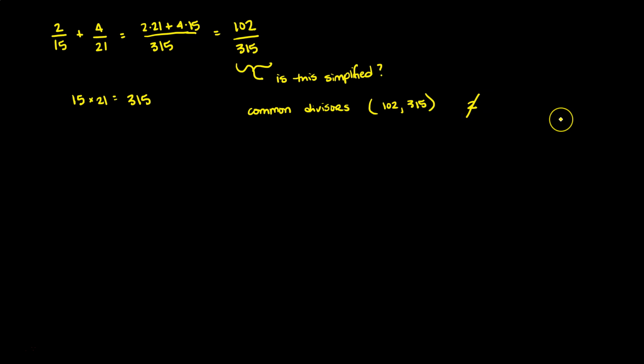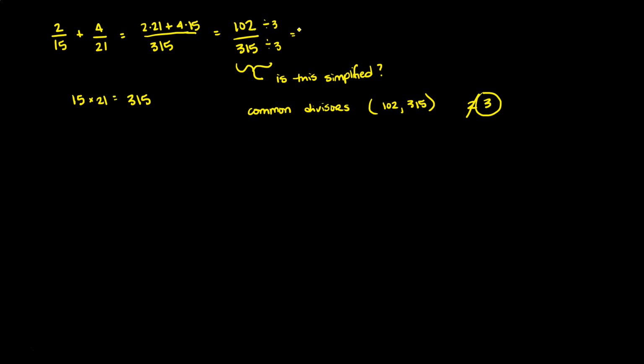However, I do remember some of the tricks that we learned from Chapter 4 about determining if numbers are divisible or not by common factors. So I can check to see, is 3 a common divisor? Adding up the digits in the numerator, I get 3. Adding up the digits in the denominator, I get 9. 3 divides 3, 3 divides 9, so 3 is a common divisor. So we can divide that out right away.